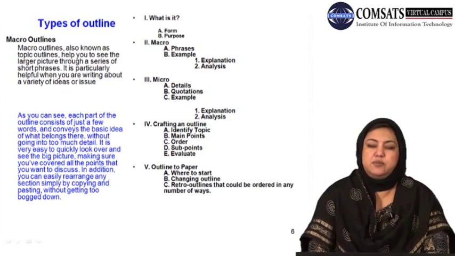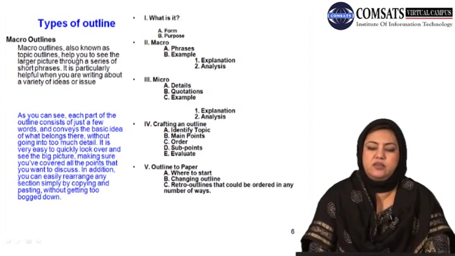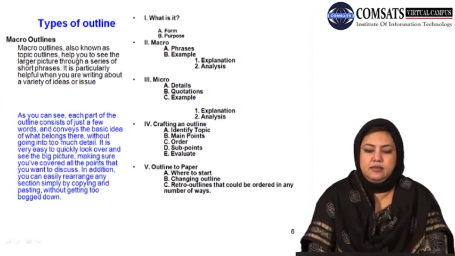With this, the writer has moved on to the third major category, that is the second type of outlines, that is micro outlines, and again A, B and C subcategories are used to give some details, to tell about details, quotations, examples, how all these things are used in micro outlines. And then again subcategories within the subcategory, example 1 and 2, to give explanation and analysis of the examples is added.